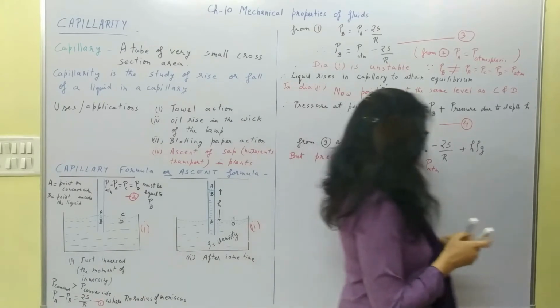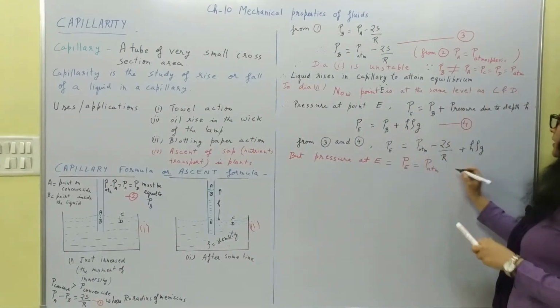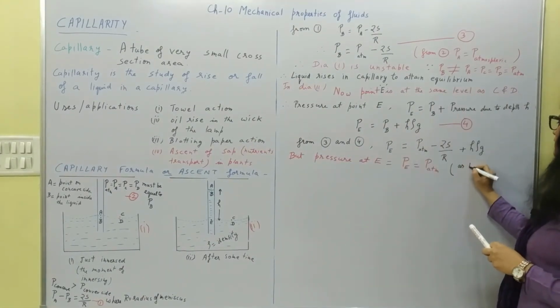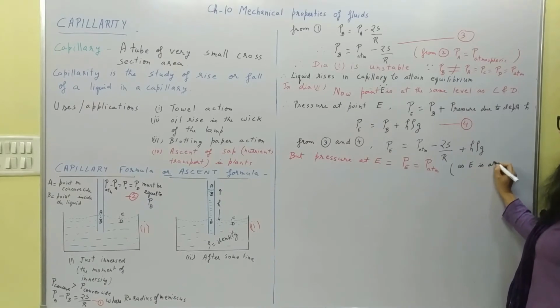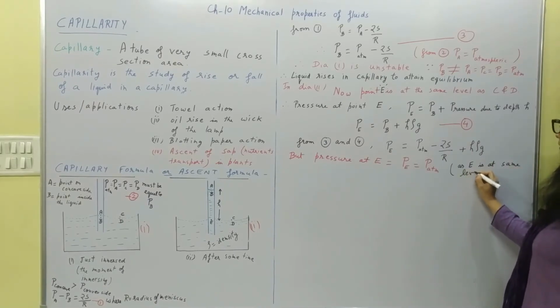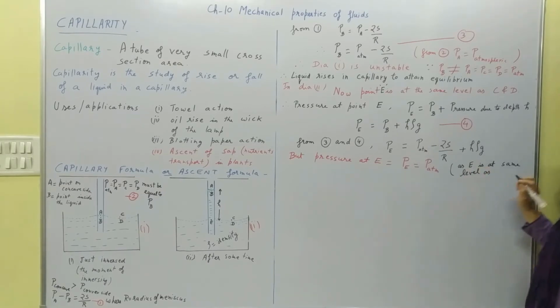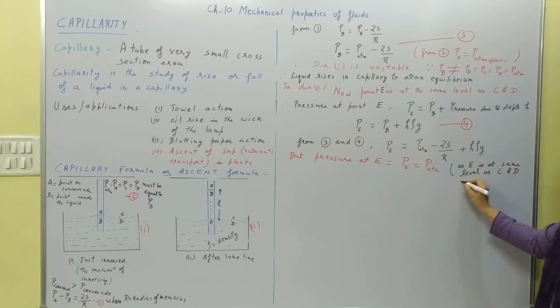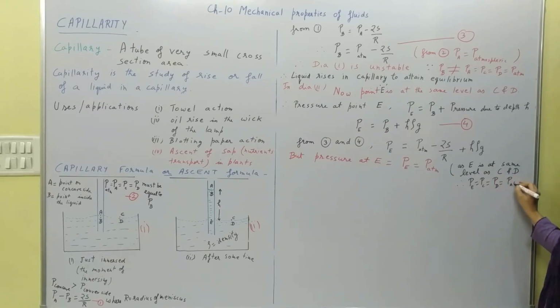Why? I am writing the reason. As E is at same level as C and D. Therefore, PE is equal to PC is equal to PD is equal to P atmosphere.